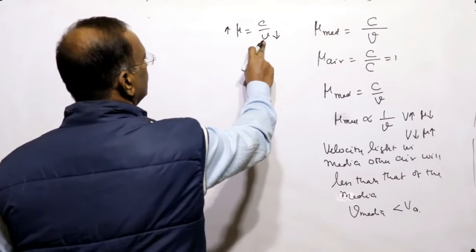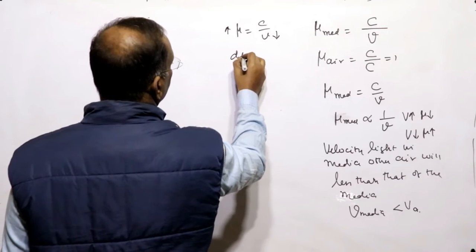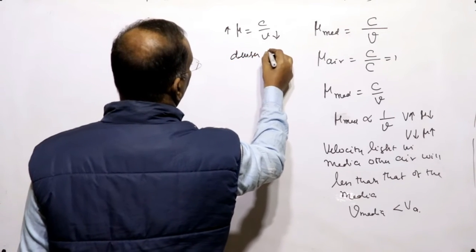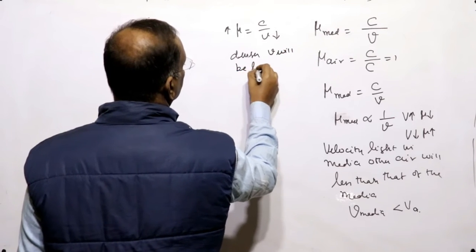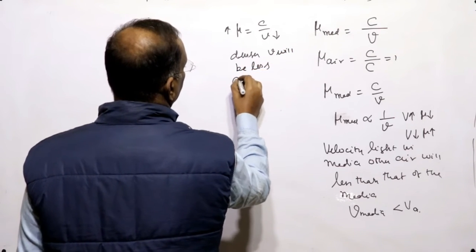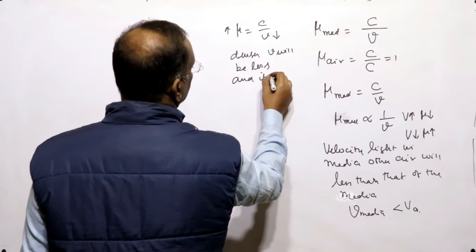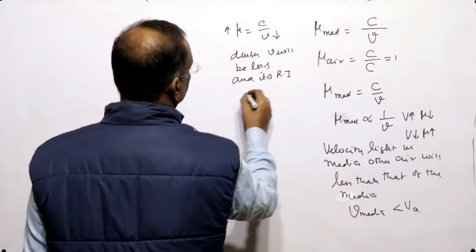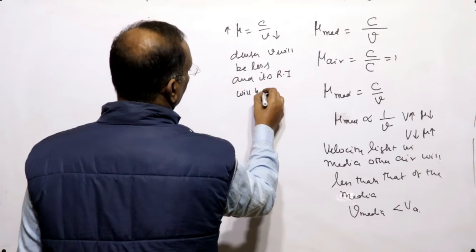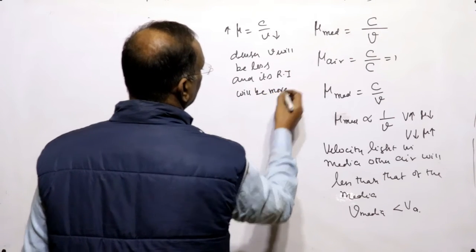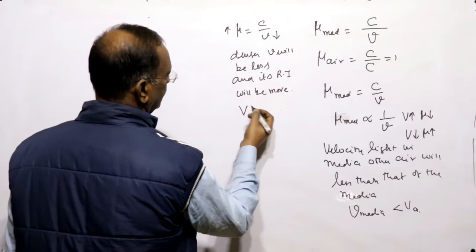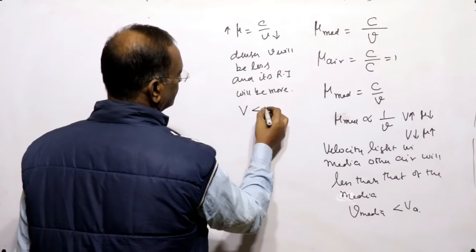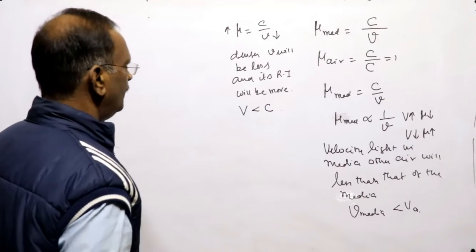It means velocity will be less in a denser medium, and its refractive index will be more, since both are inversely related.